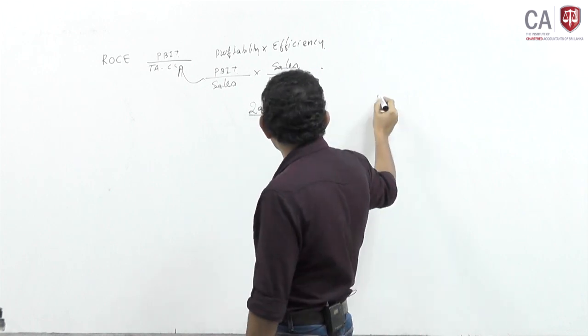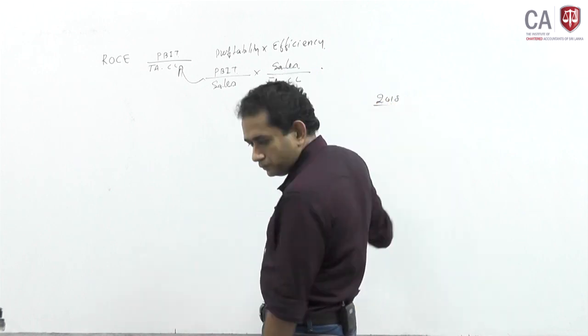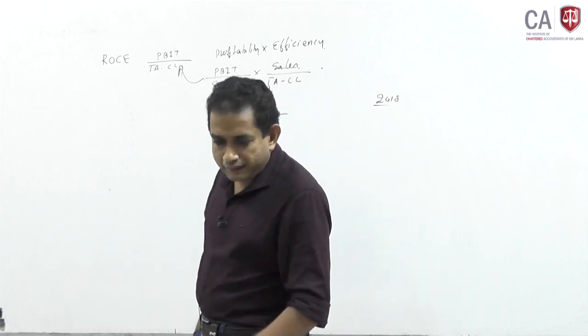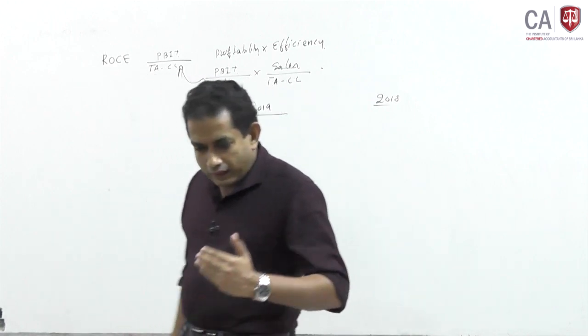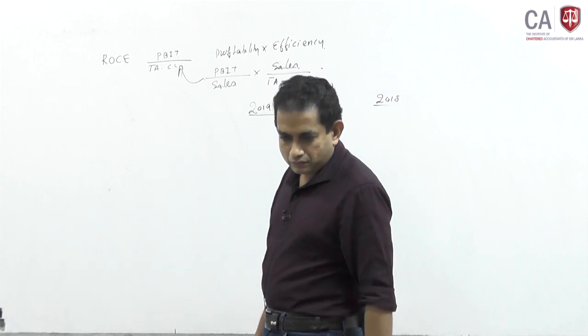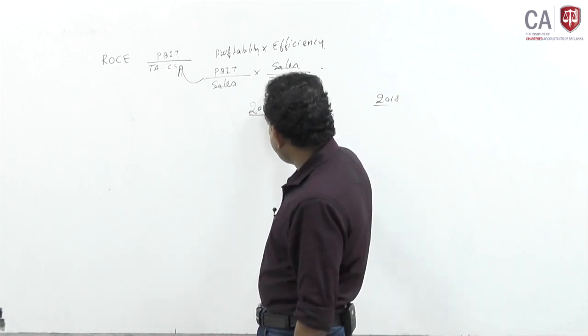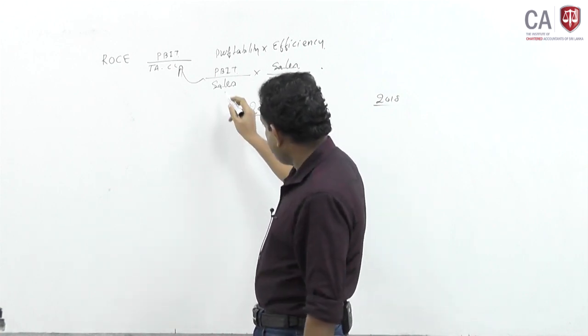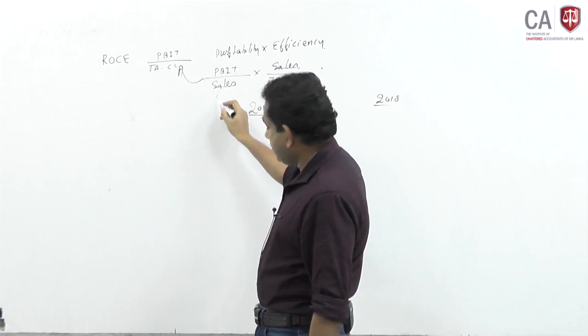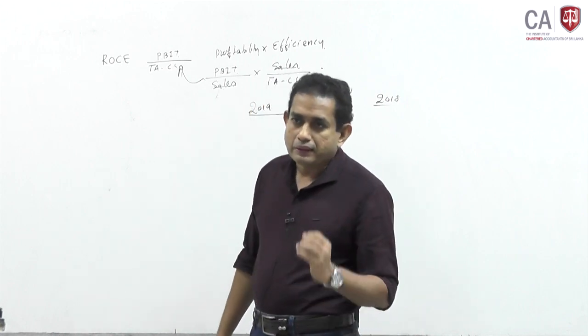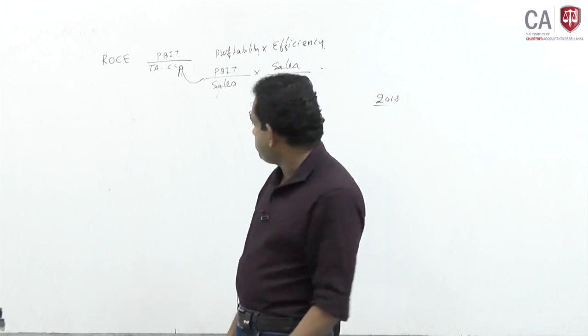2019 and 2018 rows. Profitability is given, assets turnover is given. Assets turnover should be the measure of the efficiency, and here profit margin should be the measure of the profitability.